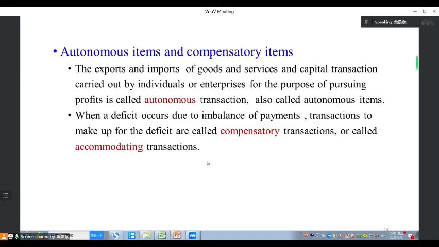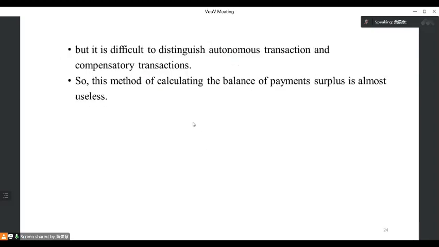From this page of PPT, we should know what's the meaning of autonomous transaction and compensatory transaction or accommodating transaction. But it's difficult to distinguish autonomous transactions and compensatory transactions. So this method of calculating the balance of payments surplus is almost useless.